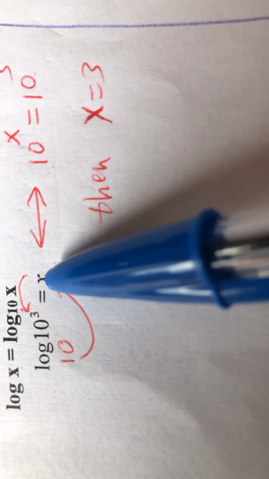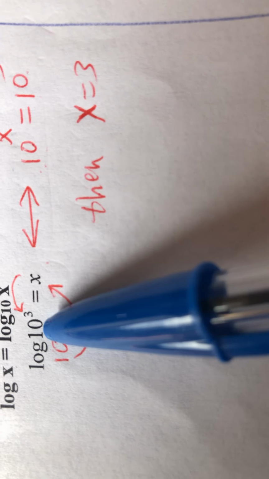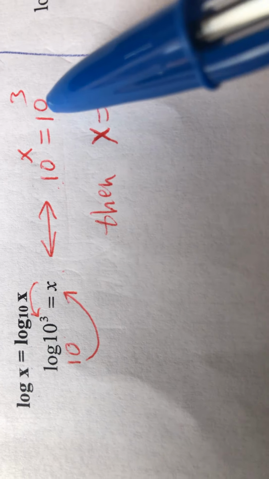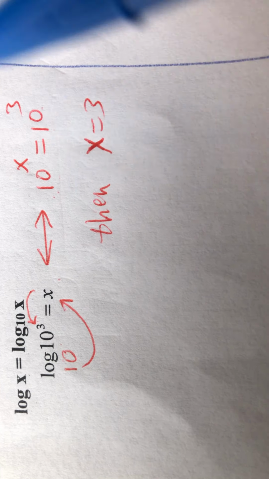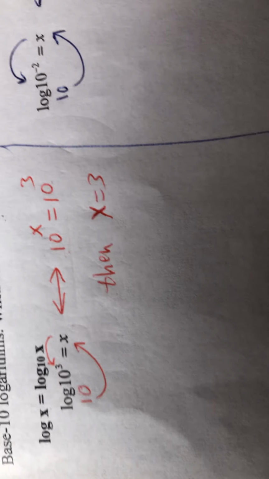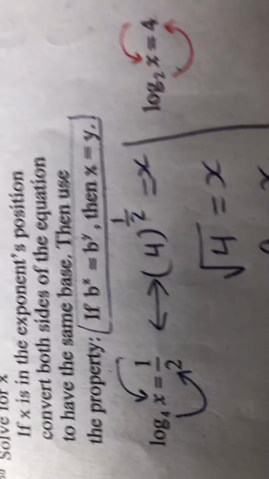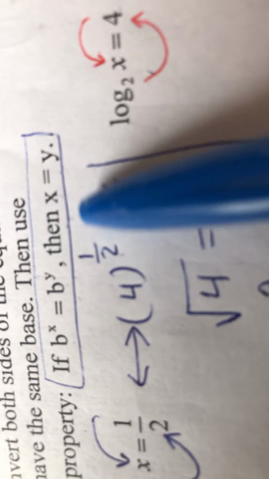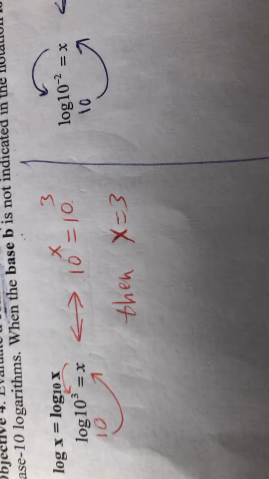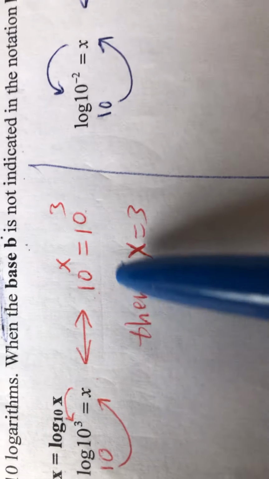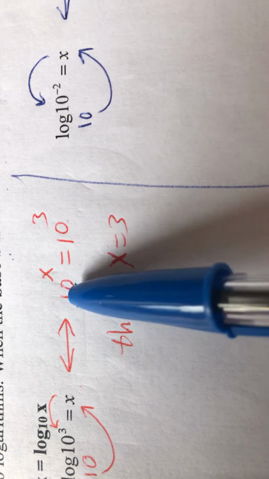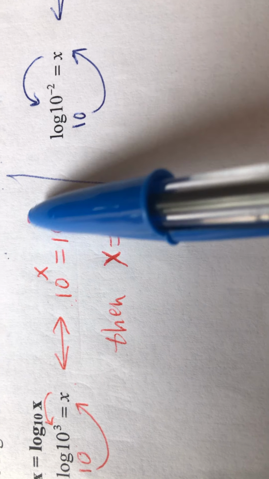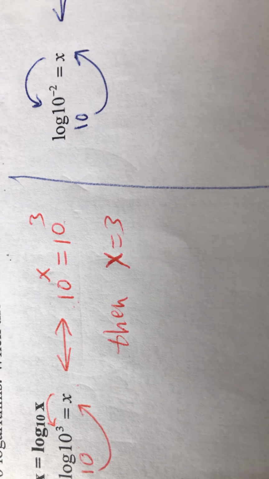So 10 to the power x equals 10 cubed. Now use the property: if b to the power x equals b to the power y, then x equals y. Here we have the same base, 10. So the exponents should be equal, so x equals 3.